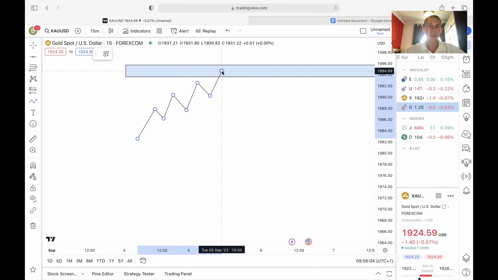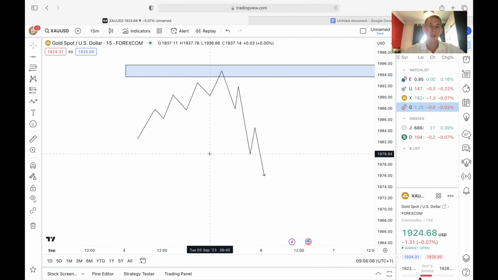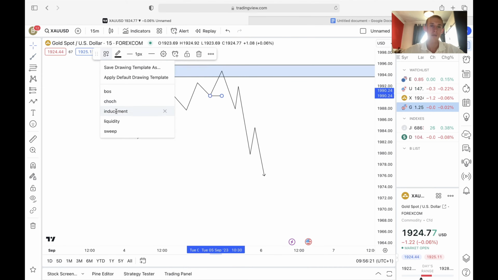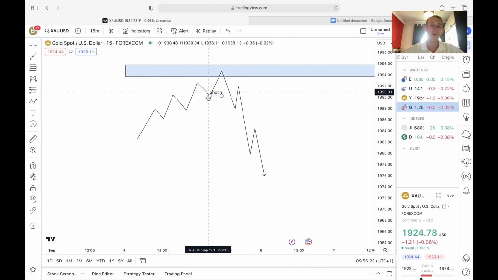Once price taps into that area, we want to see something like this, where we take out that current higher low, close below it, and then price pulls back into an area where we can look to sell down. The actual change of character, for anyone that doesn't know, is this area here, when we break out of that current uptrend into the downtrend and break this structure in the opposite direction to the trend.